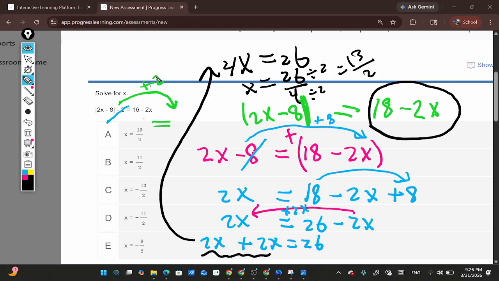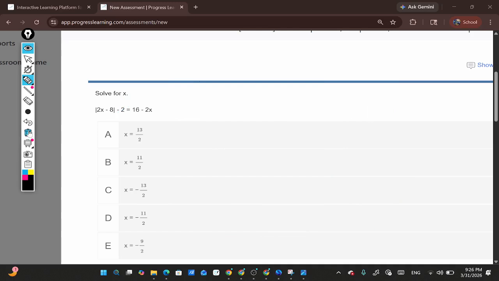We can see that we have here 13 divided by 2, and we have here negative 13 divided by 2. The first thing we get is 13 over 2. So we will keep it in our mind, and we need to erase everything now. We don't need it, but keep in your mind that we get 13 over 2 as the first one.